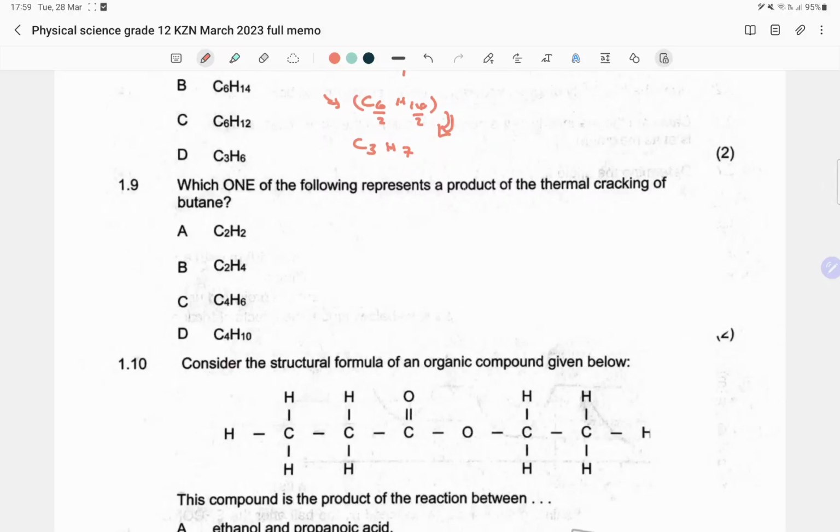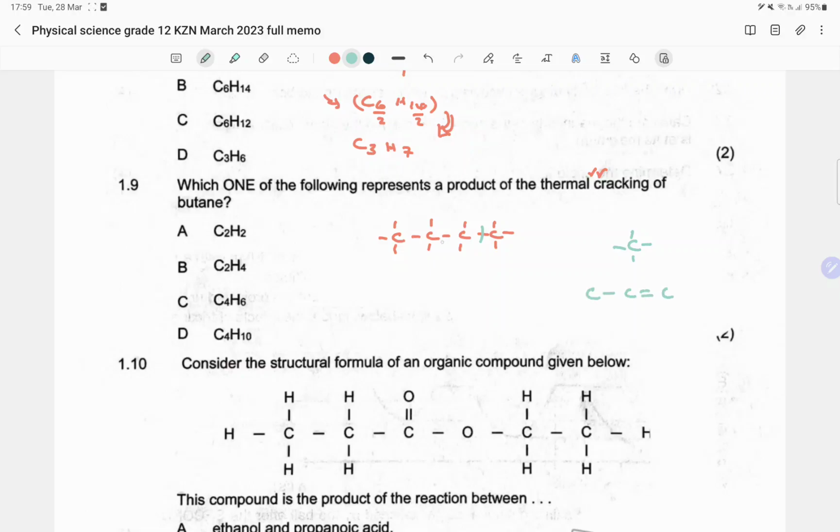Which one of the following represents a product of the thermal cracking of butane? So butane is 1, 2, 3, 4, and then hydrogens, okay? Now, what do we see with cracking? We can split here. If we split here, we can have methane if we want, and then if we've got methane in there, that means we're pulling one hydrogen, so we may end up with methane and a propene.